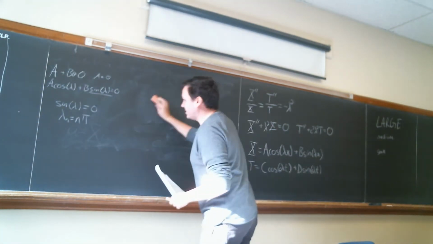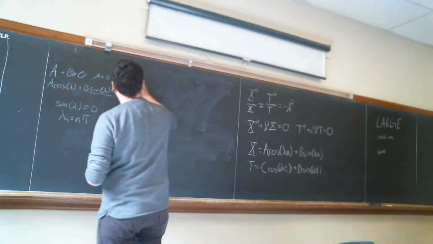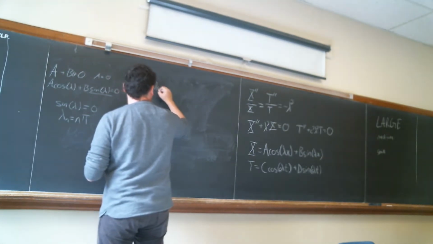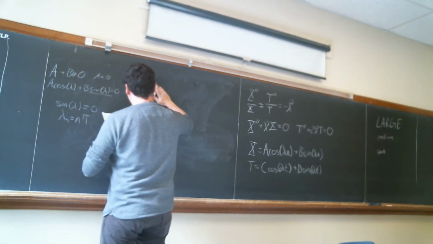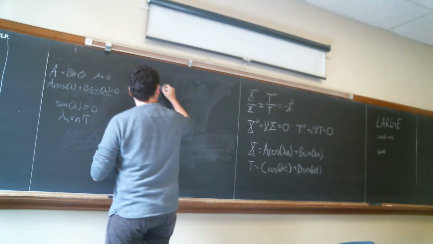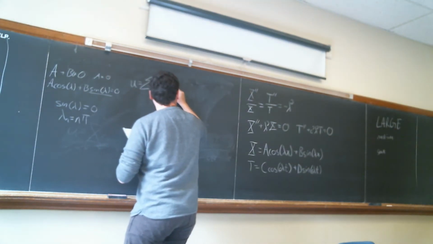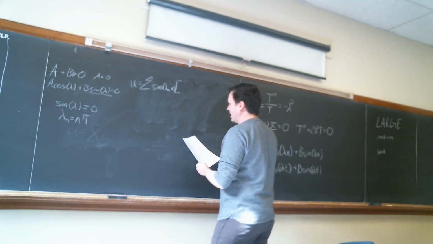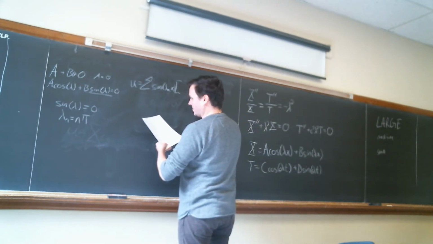So we'll just put it back into the form of u is equal to the summation of, where do I have it written? Sine of lambda n x times, and we'll now have our temporal stuff here get dropped into place.